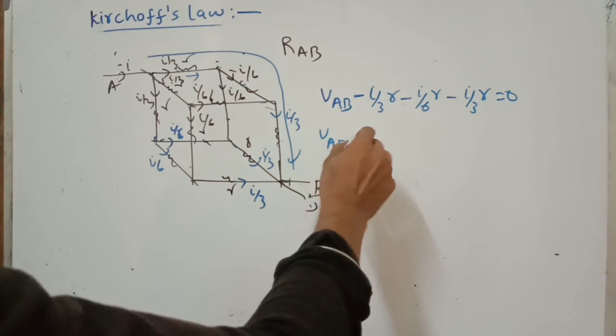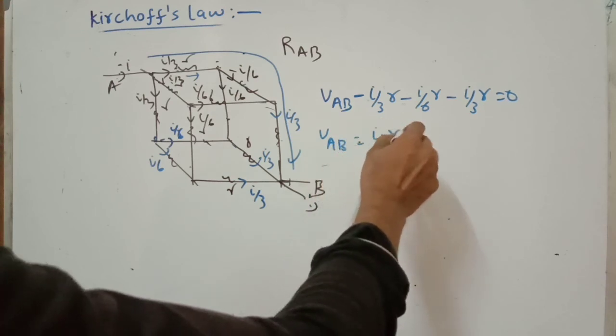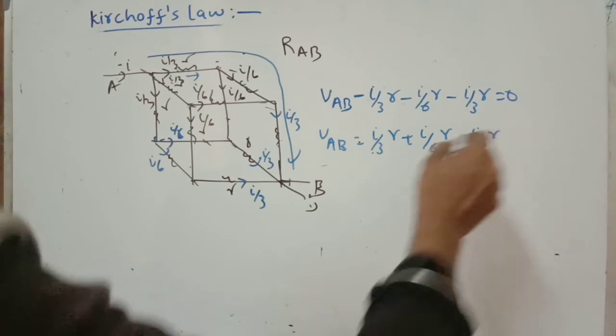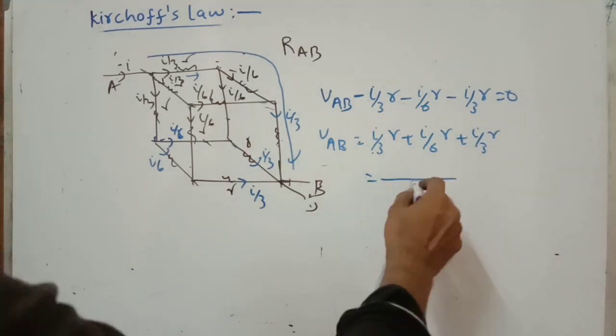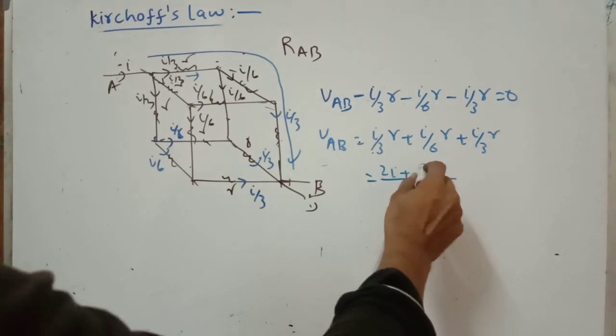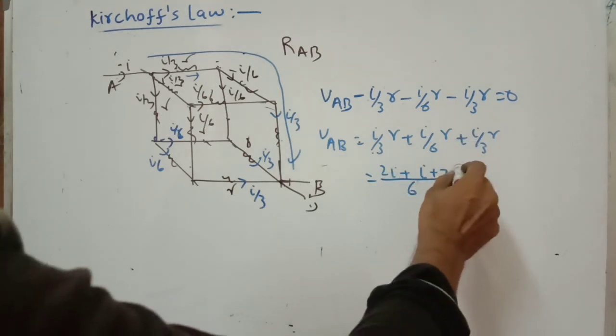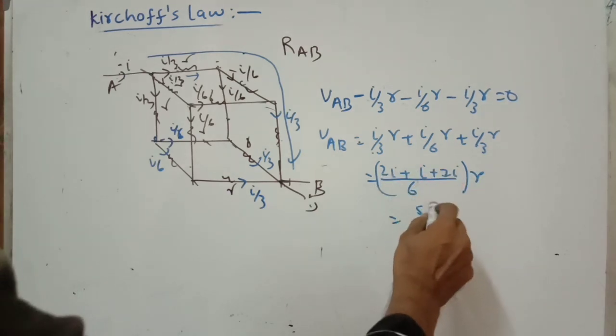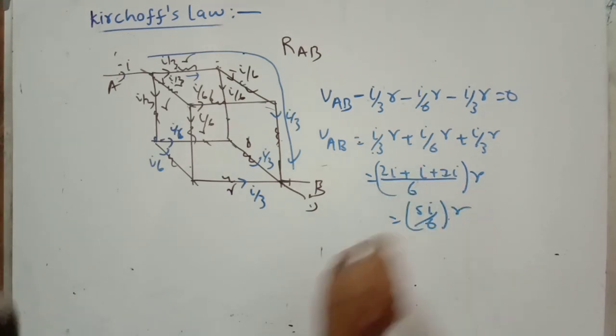So VAB equals I by 3 R plus I by 6 R plus I by 3 R. Taking the LCM 6: 2I plus I plus 2I, into R, that is 5I by 6 into R.